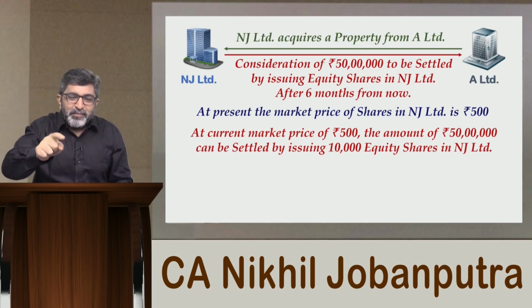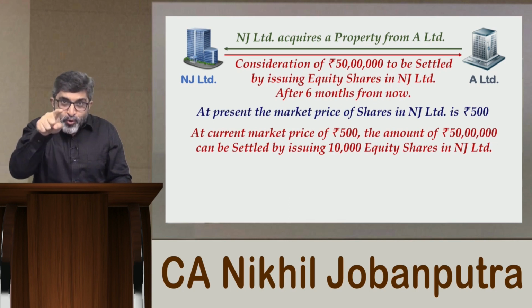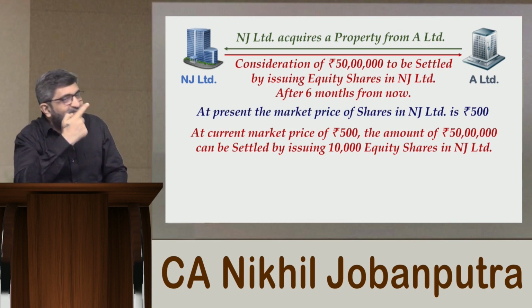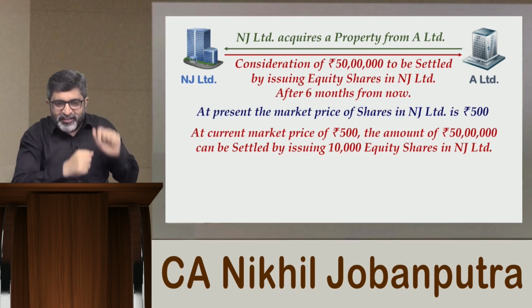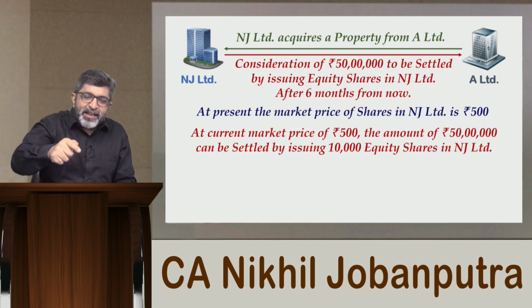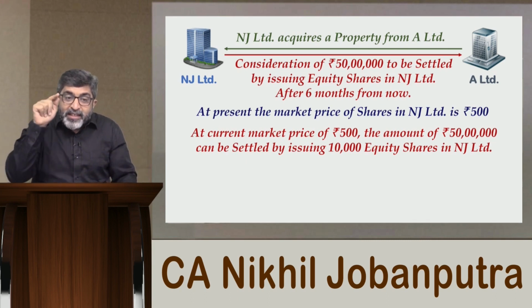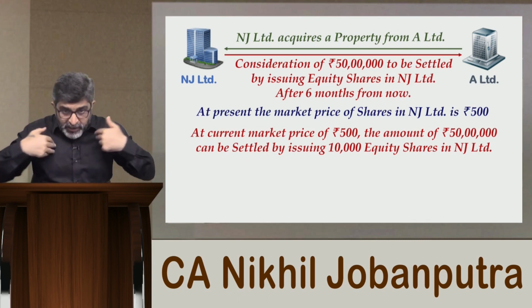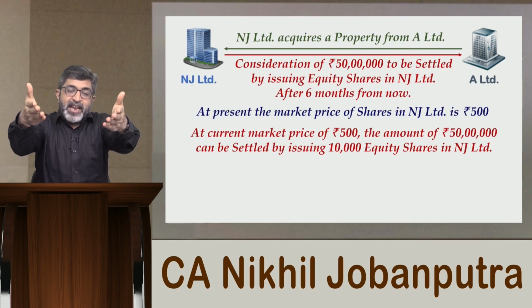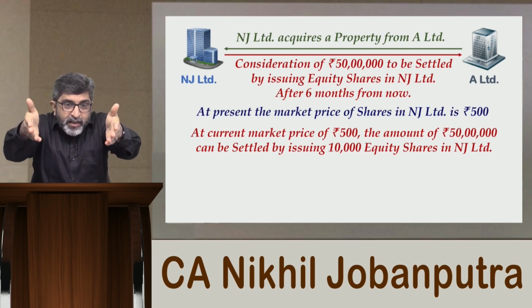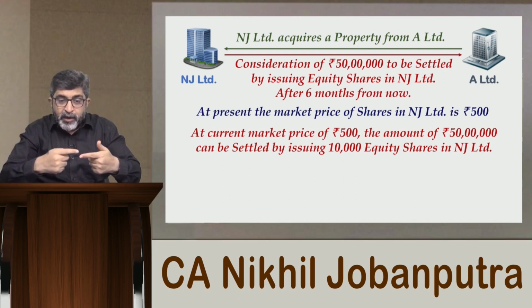Along with them, you, who are A Limited in this example, will have equal benefit, just like my existing shareholders. That means the counterparty for NJ Limited is A Limited. How is the counterparty benefited with this arrangement?